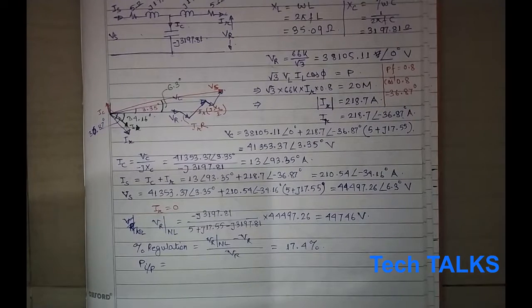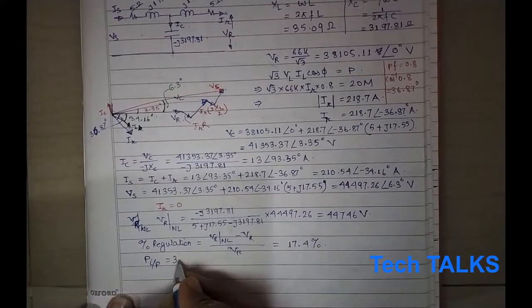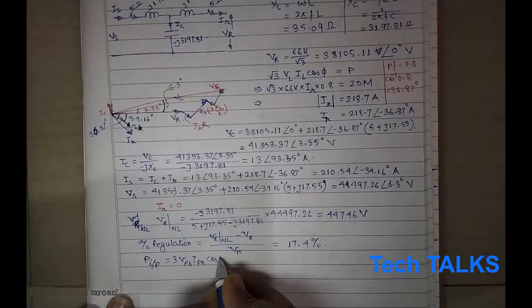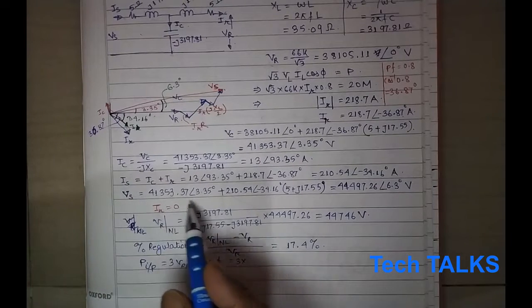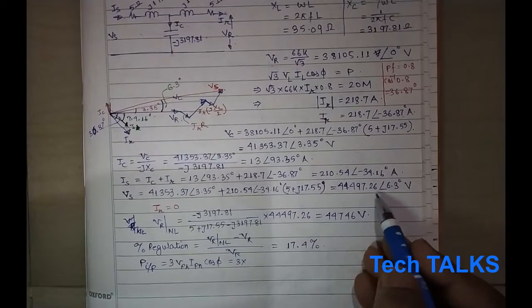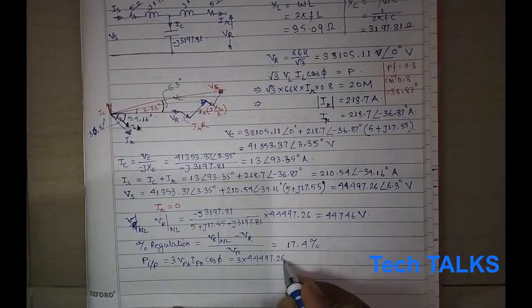Also we can find out straight away from the input voltage and input current. So what is the formula? That is 3 V phase I phase into cos phi. What is V phase? That is Vs, this voltage, 44497.26, into I phase.